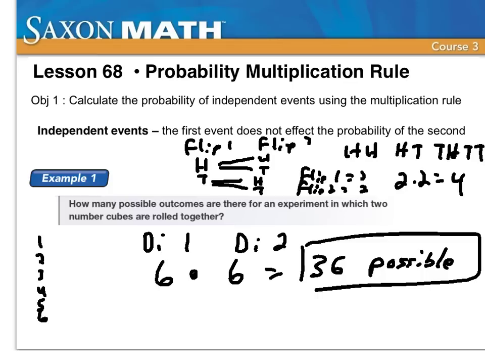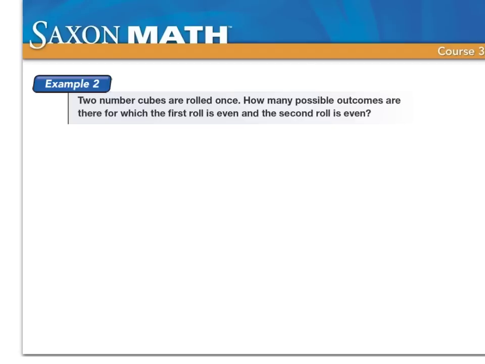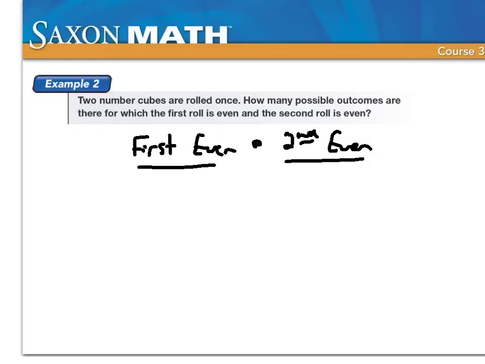Now let's go ahead and explore this multiplication rule a little more. Example 2 says 2 number cubes are rolled once. How many possible outcomes are there for which the first roll is even and the second roll is even? So I want to know how many outcomes for the first roll being even and the second being even. And we're going to take these and multiply them together here.